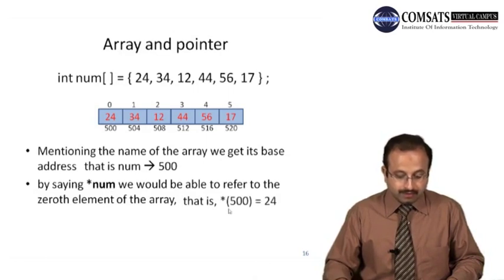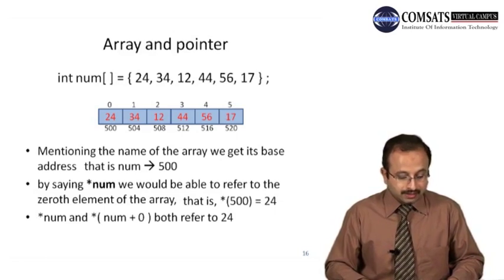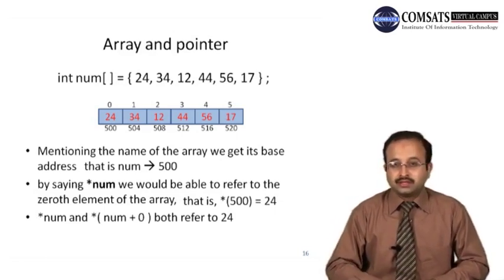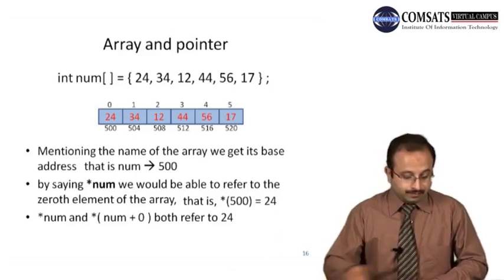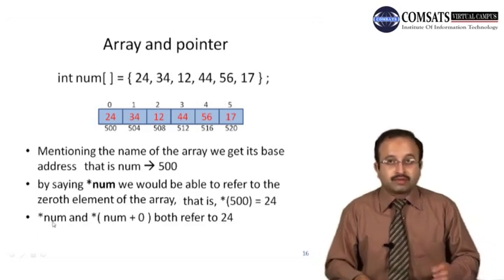That is *500, that gives 24. So *num and *(num+0) both refer to 24. Clear? So they both are the same thing. This is a pointer, you are adding 0 to that pointer, that means its value is 500. So the value at 500 is 24, and the value at 500 is 24 as well.